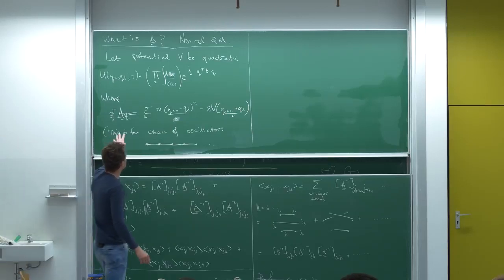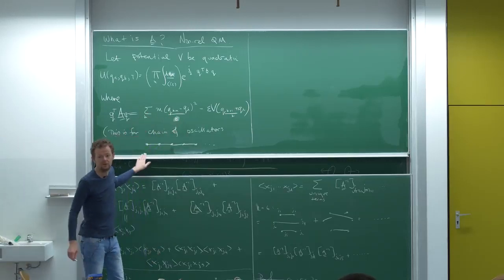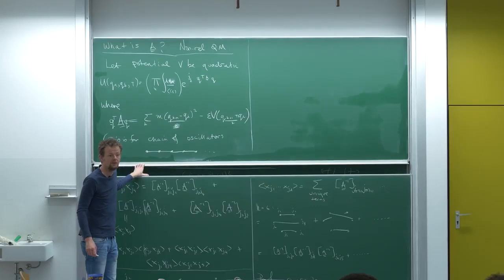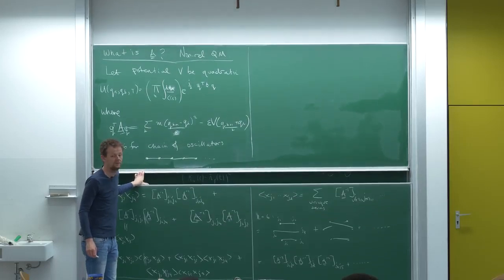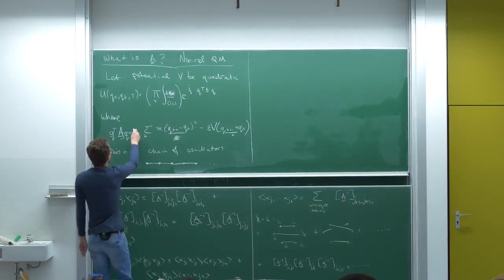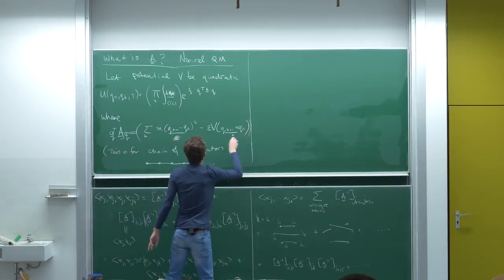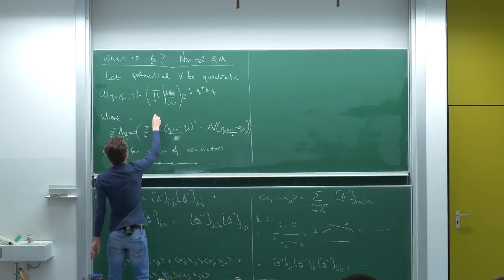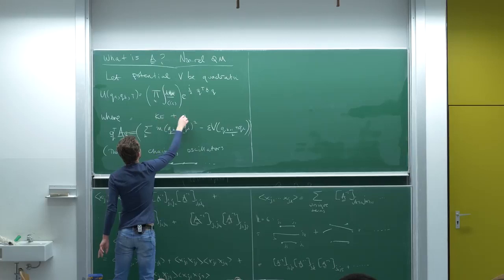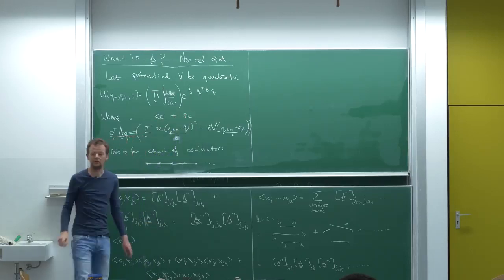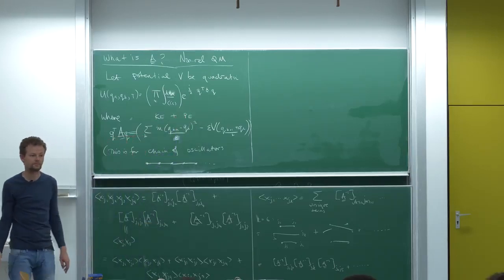This is the typical kind of expression you would encounter in discretizing a relativistic quantum field. But there's another way of writing this, right? It's just kinetic energy plus potential energy of our classical system.